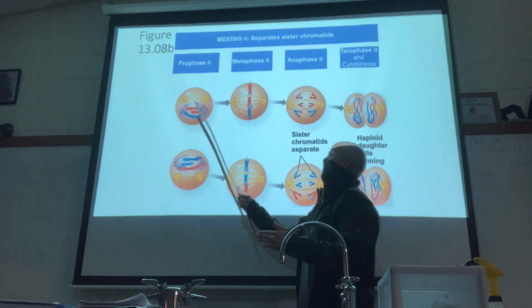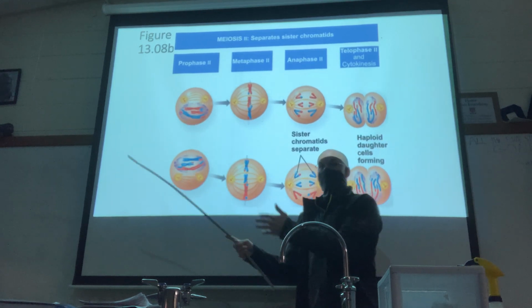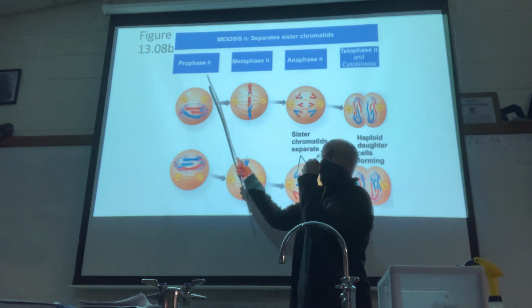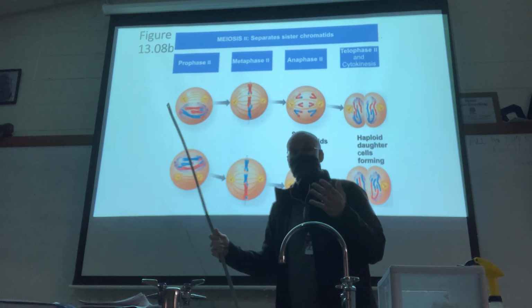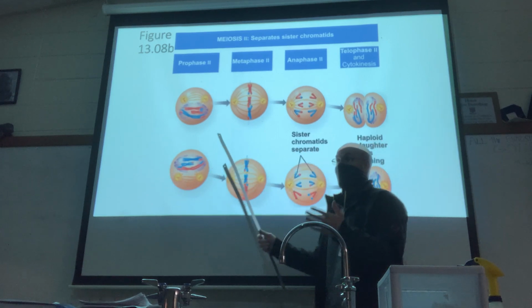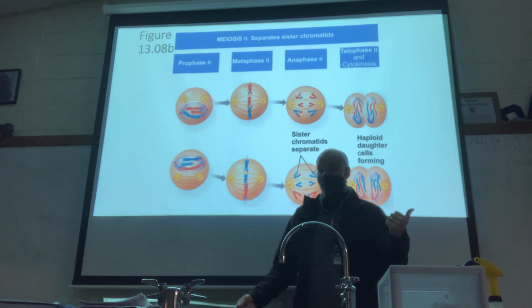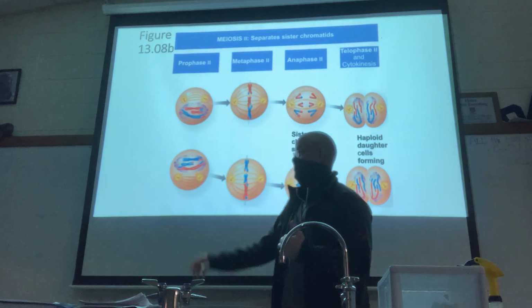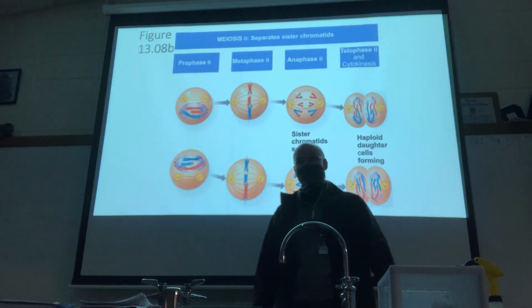But we now have two cells that emerged from meiosis 1, and they are going to enter meiosis 2, starting with prophase 2. Just look back to prophase 1 for some of these answers, not all of them. What are some things we expect to happen in prophase 2?